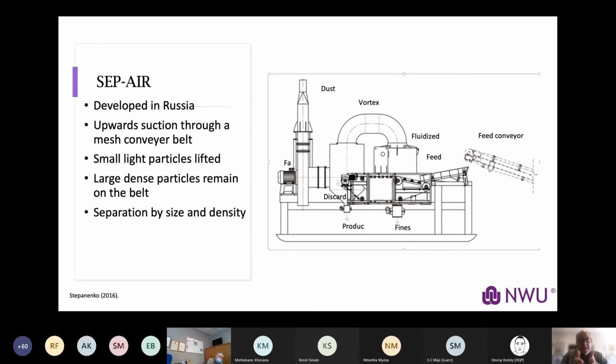And once again, we have this need for a narrow particle size to be fed to this machine. And of course, particle shape, that's an interesting one. Particle shape also comes in here. And if all of your coal is fairly rounded, then it seems to be okay.